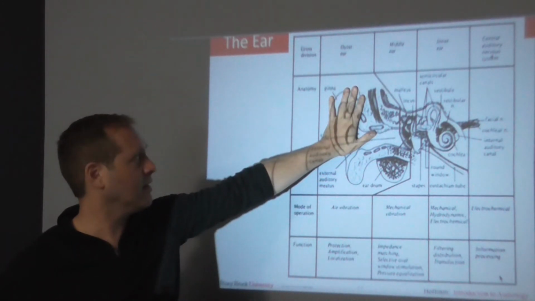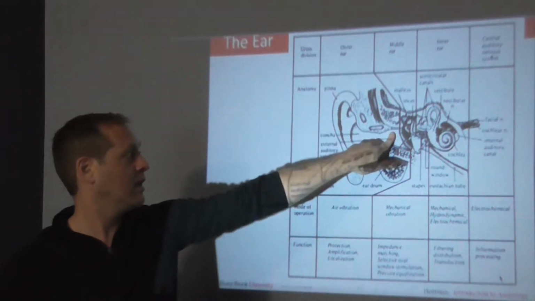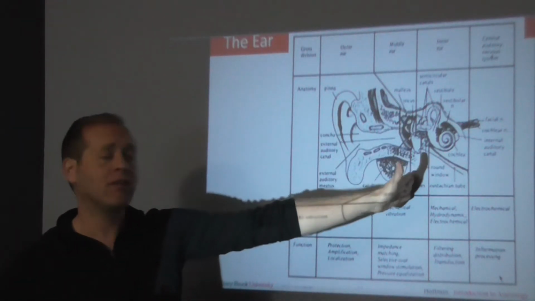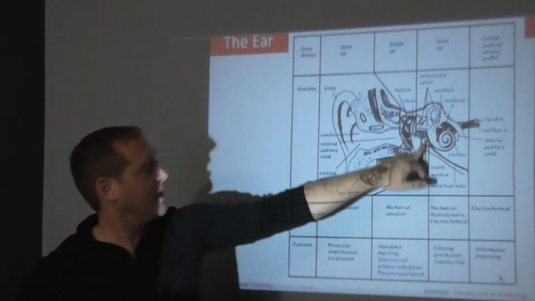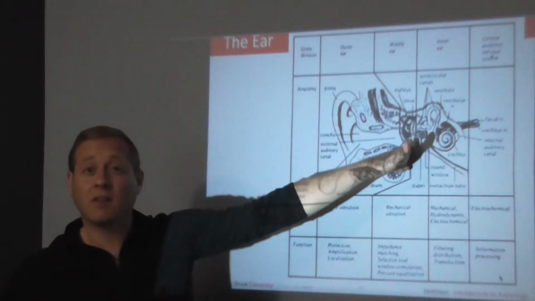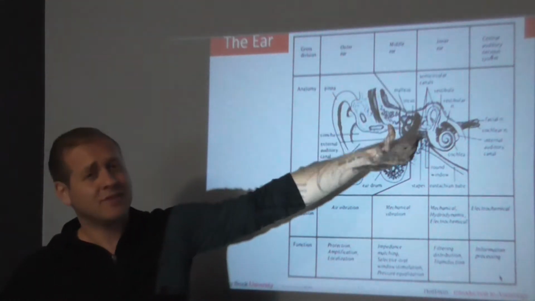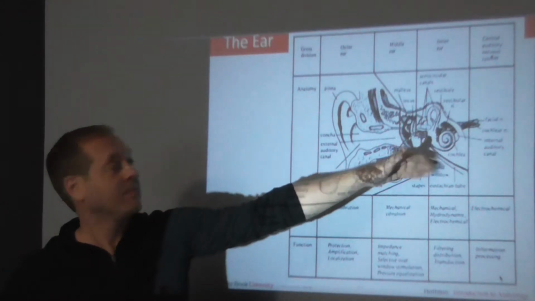Outer or external ear: pinna, external auditory meatus, outer layer of the tympanic membrane. Middle ear: tympanic membrane, ossicles, eustachian tube, tensor tympani, and stapedius muscle.